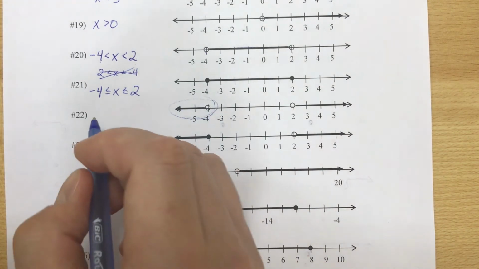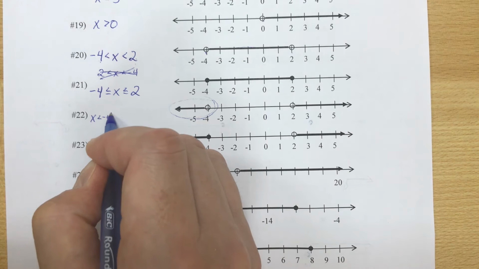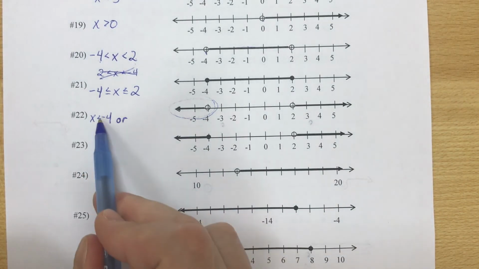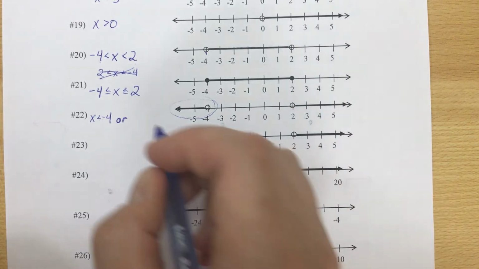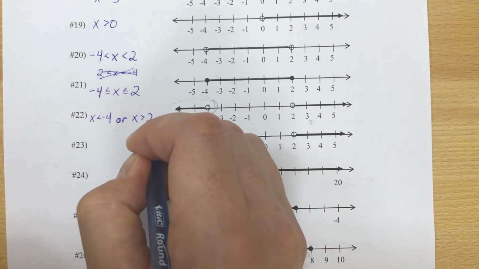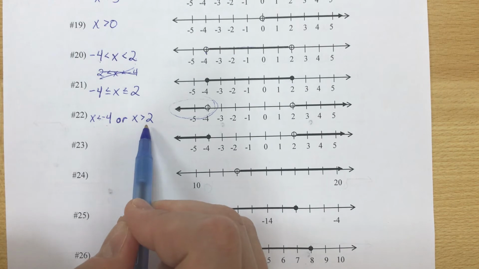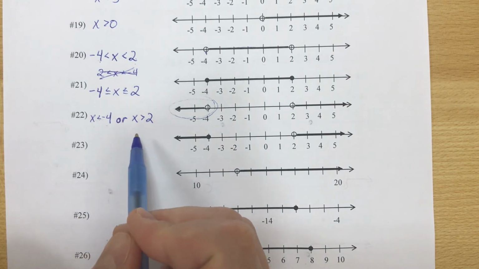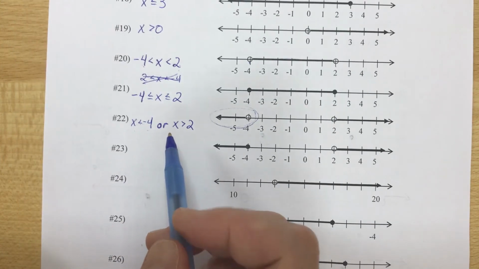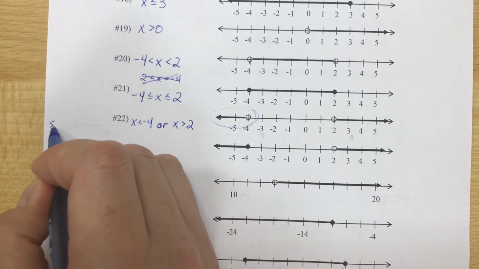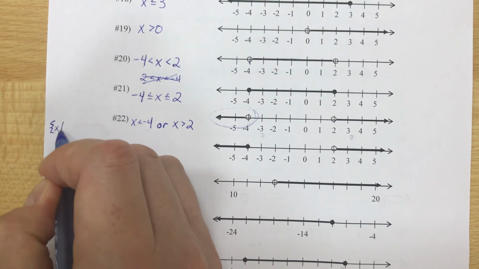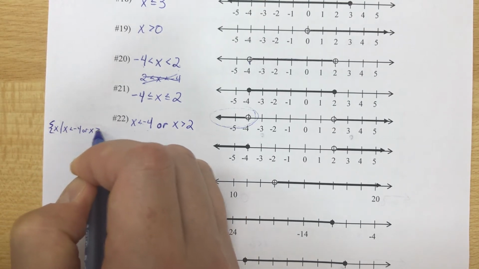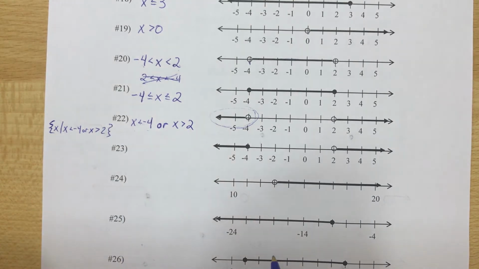That would be x less than -4, or we're going to put the word or in between, and then x is greater than 2. So we write two inequalities here, and we put the word or in the middle of them. If we're writing as a set notation, we would say the set of x's such that x is less than -4 or x is greater than 2.